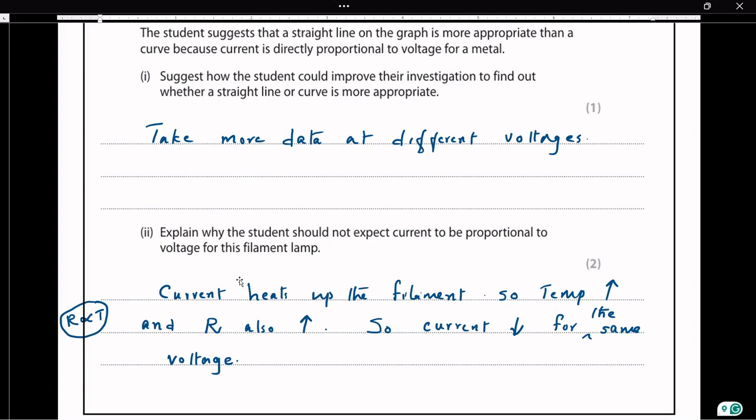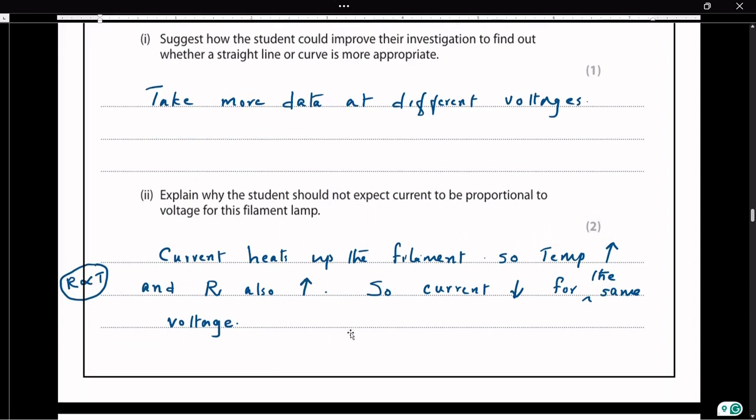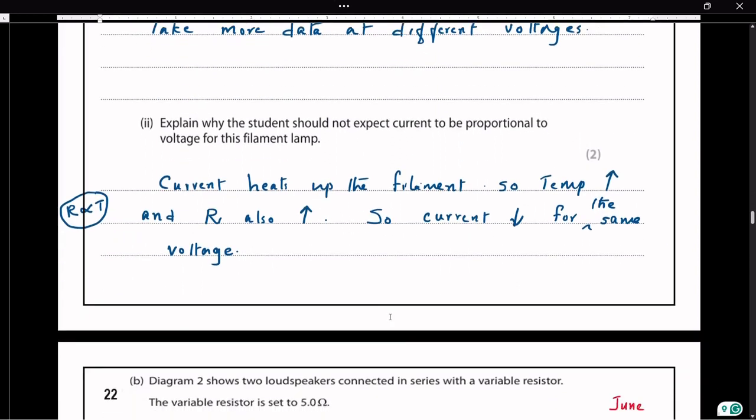So directly proportional means as the current increases, the voltage also should increase. But here the current decreases for the same voltage.